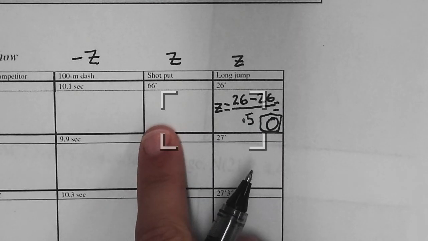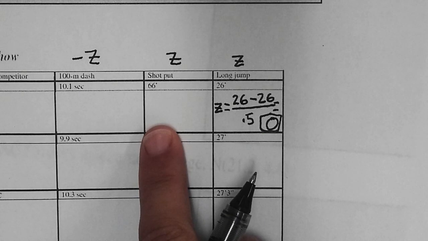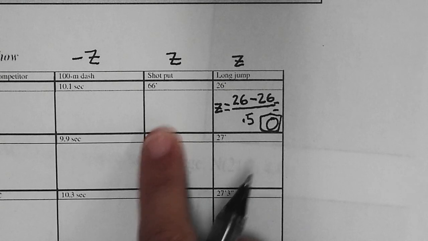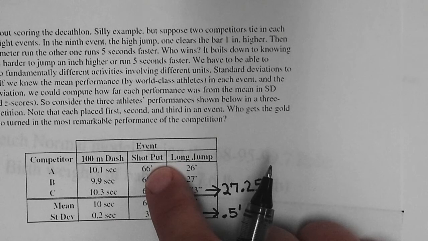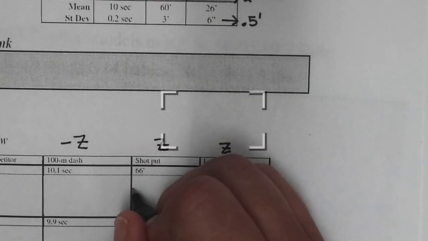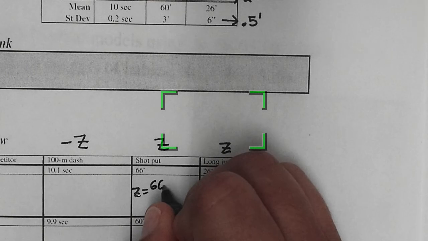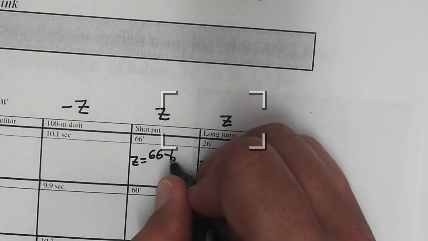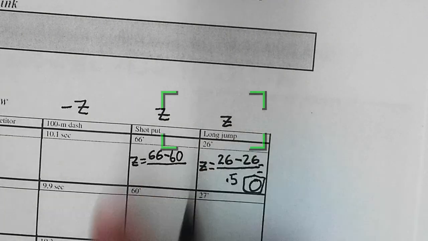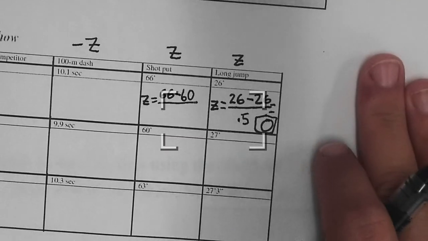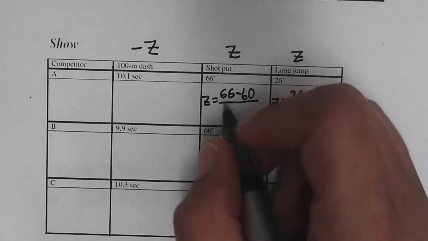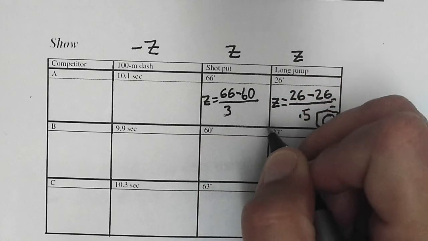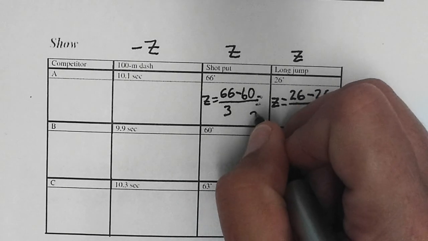So now we're going to calculate his z-score for the shot put. So we're going to do the same thing. We're at competitor A. His shot put throw was 66 feet, minus the mean shot put throw, which is 60 feet, divided by the standard deviation, which is 3 feet. 66 minus 60 is 6. 6 divided by 3 gives us 2.